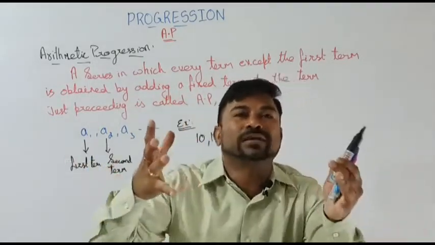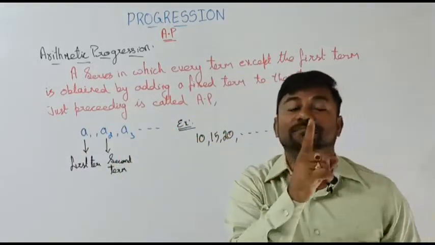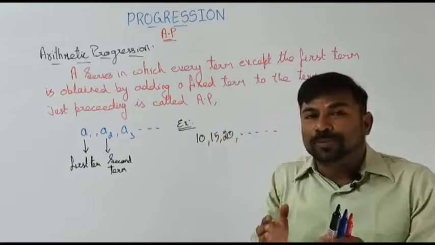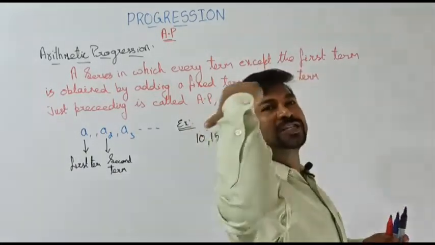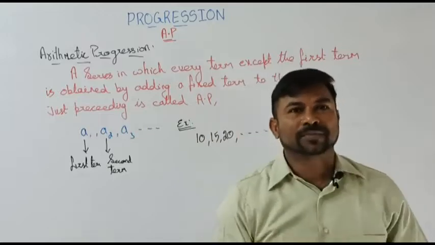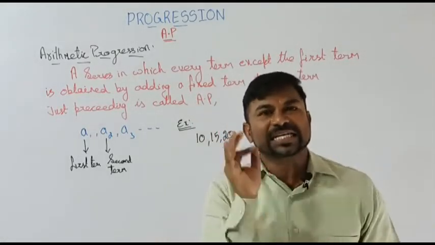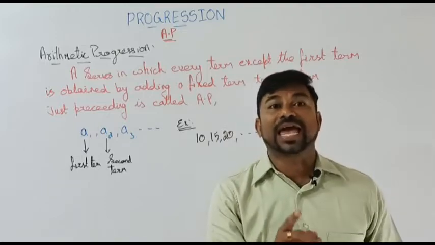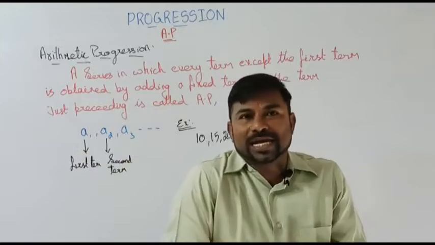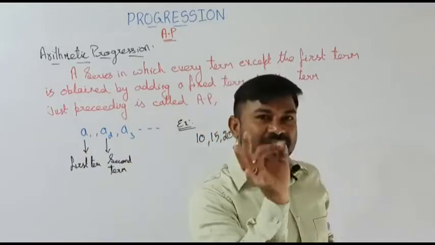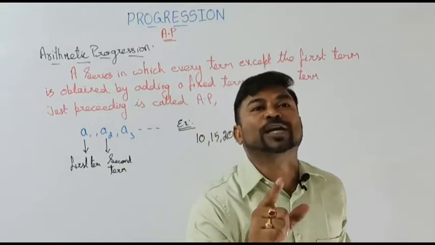A series in which every term except the first term is obtained by adding a fixed term to the term just preceding it. I repeat. A series in which every term except the first term is obtained by adding a fixed term to the term just preceding it is called arithmetic progression.